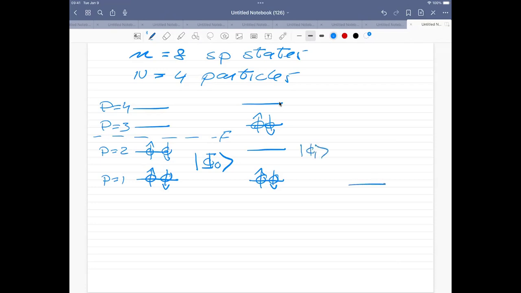And now you see that the way you set up the states is pretty obvious. And you would have this one, and we can label this phi 2. And then we can continue with this exercise.